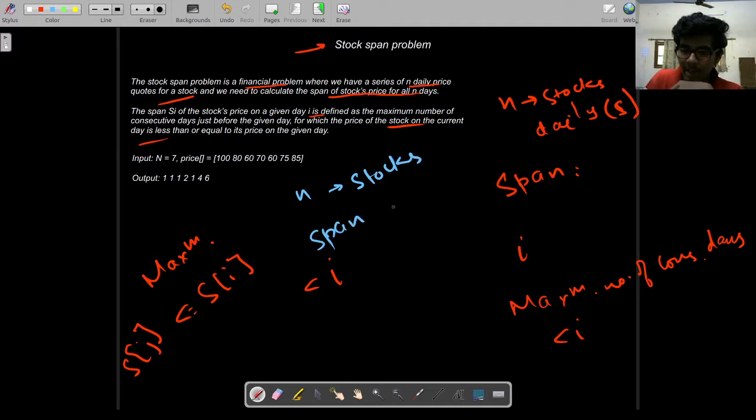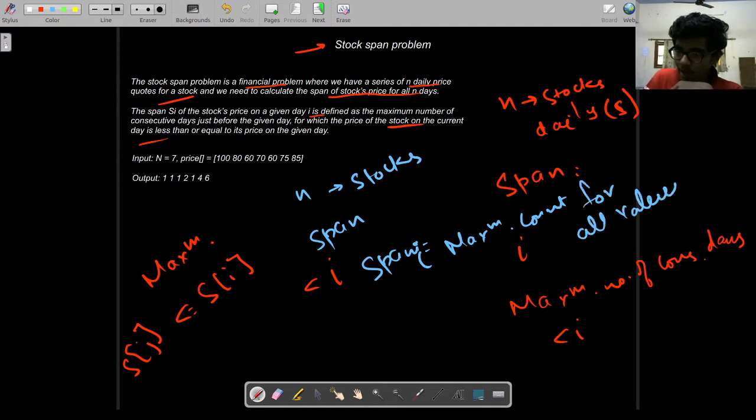The span of I says we have to find the maximum count for all values before I such that S of I is greater than S of J.